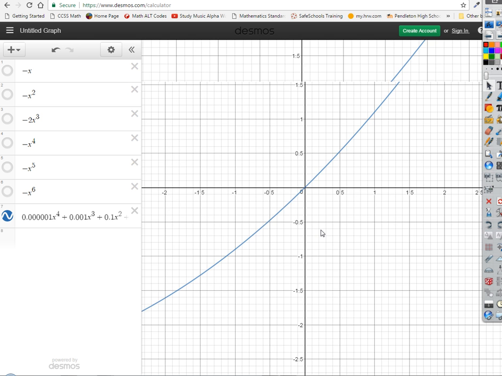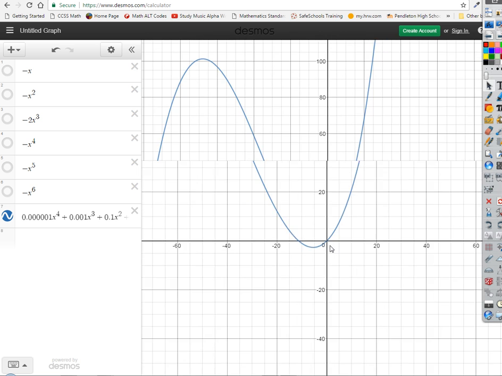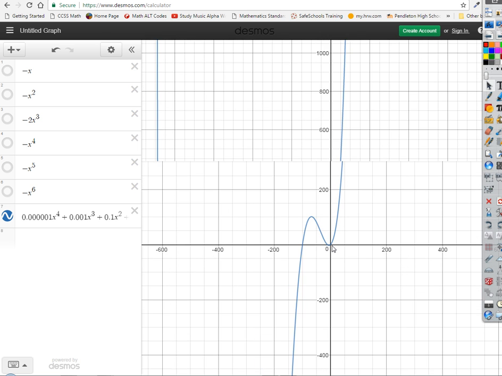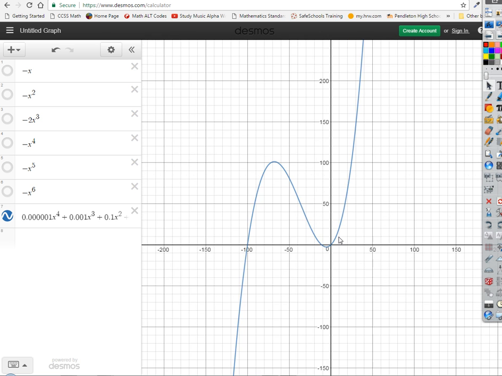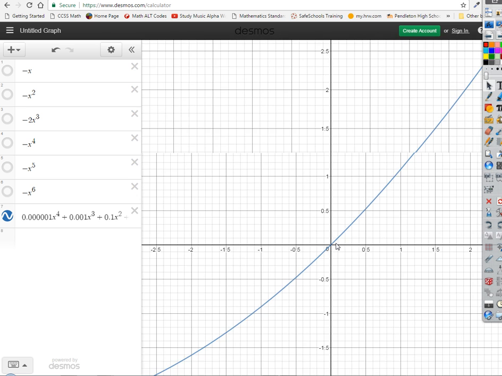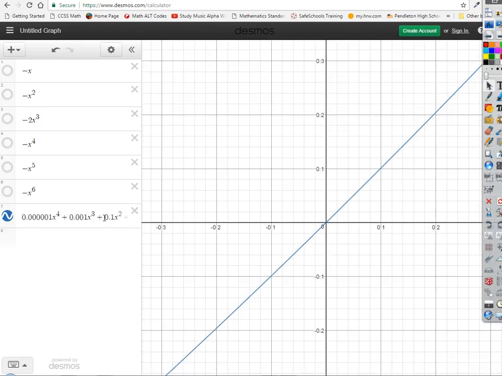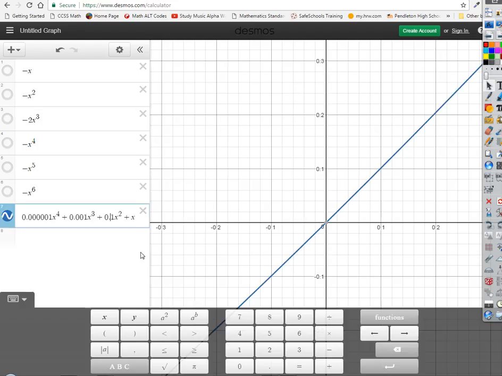Okay, let me see if this does what I want it to do. Okay, perfect. Okay, so here's the function we're going to look at now. Okay, there's the function, right?